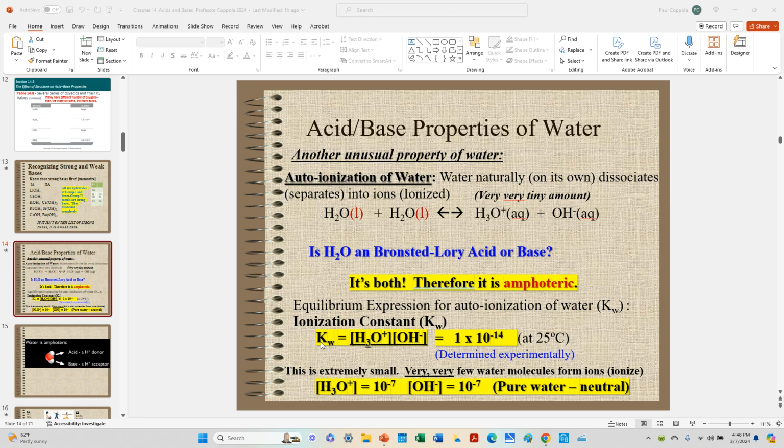And we came up with this equation, another equilibrium constant: the concentration of H3O+ times the concentration of OH- is equal to 1 times 10 to the minus 14. And for neutral water, the hydronium concentration is 10 to the minus 7, and the hydroxide concentration is 10 to the minus 7.